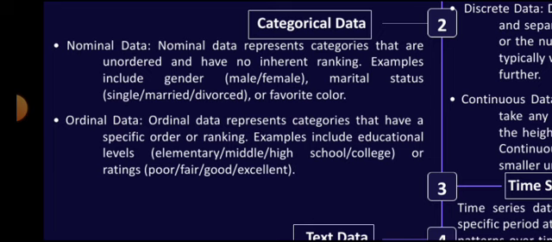Now, ordinal data represent categories that have specific ordering or ranks, which includes something like educational levels, whether it's primary, middle school, high school, college, or so on, or something like ranking: poor, fair, good, excellent.